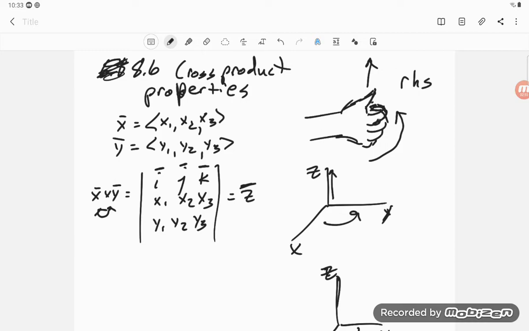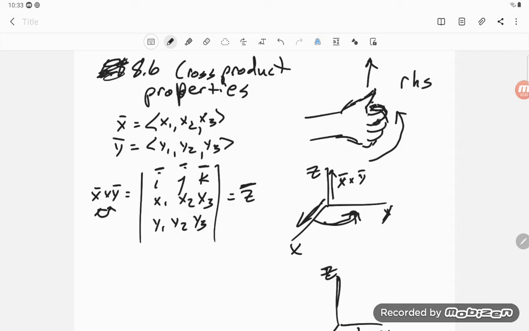And the way you think of it is, if you stretched out your hand on the first vector, x, and you curled your fingers toward y, and looked at where your thumb is pointing, either up or down or wherever, that is the direction of the cross product. So here we have x cross y. And so we call that a right-hand system because I'm using my right hand to do that.